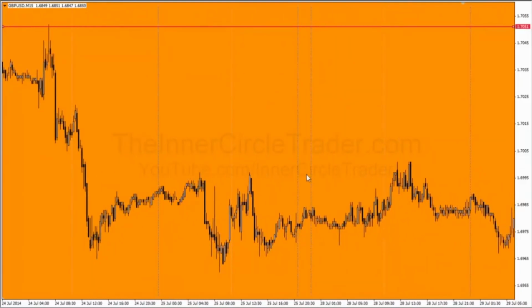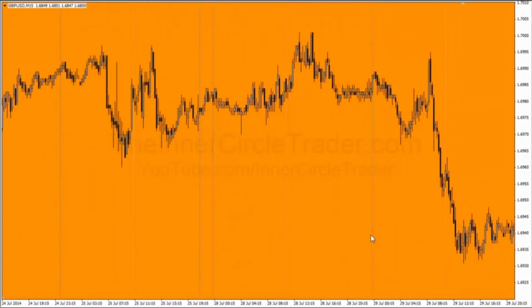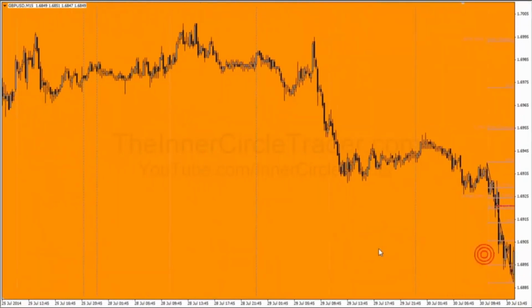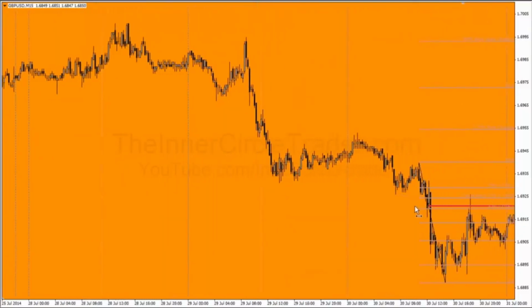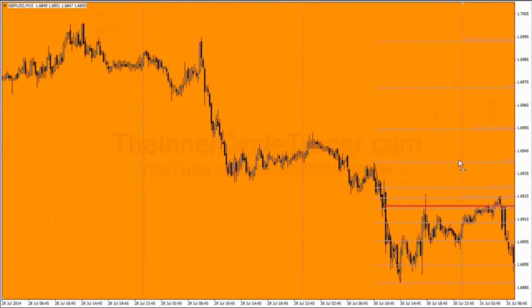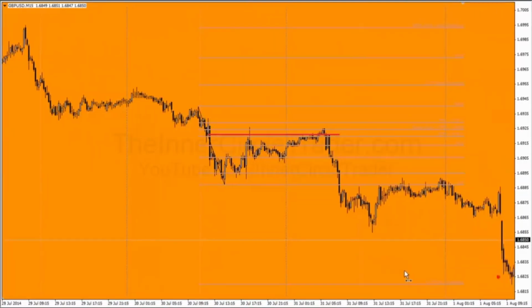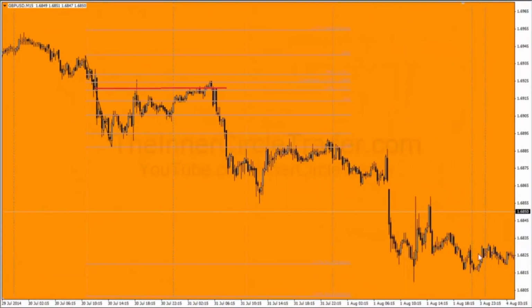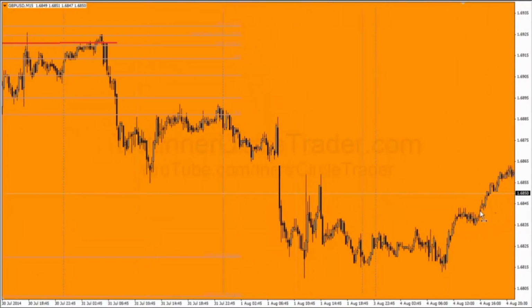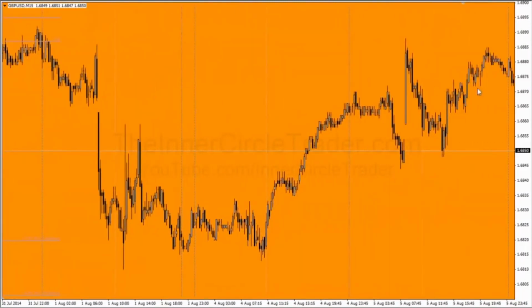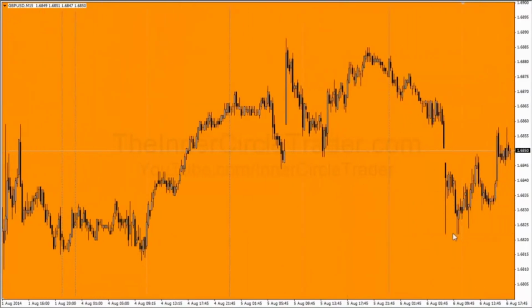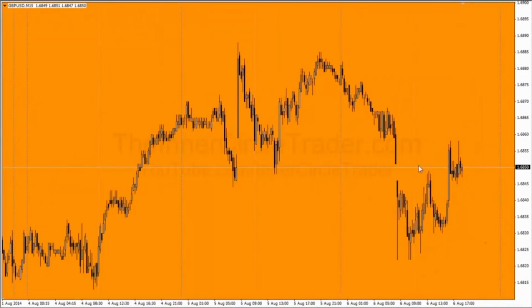Right in here we have a reversal, old highs taken out, reversal, so we're in consolidation, reversal, trade lower, trending, consolidation, trending, reversal, consolidation, trending, reversal, consolidating, trending, consolidating, reversal, consolidating, trending, if you really want to call that. Now we're in consolidation again.